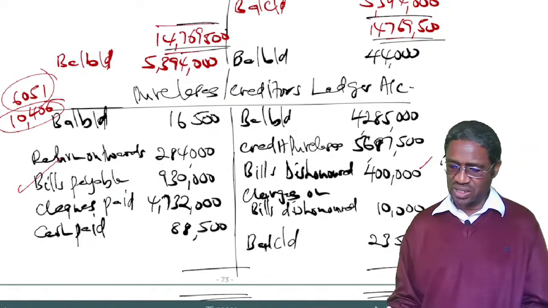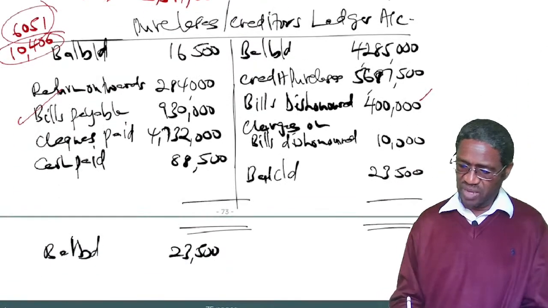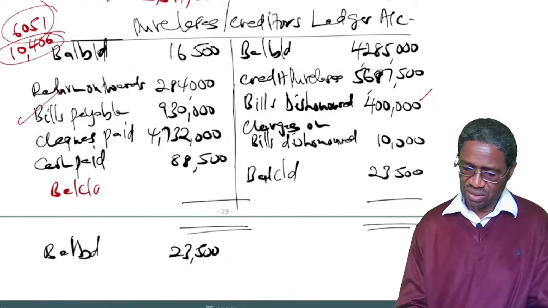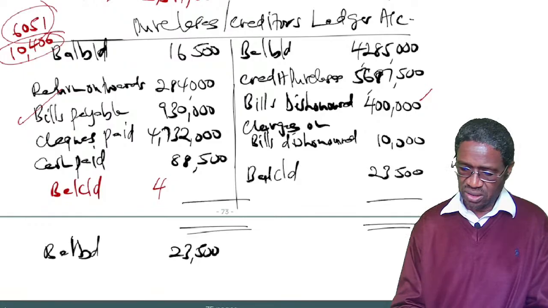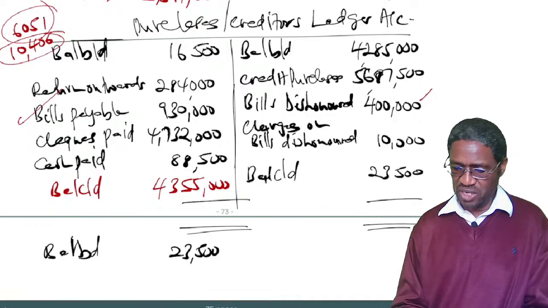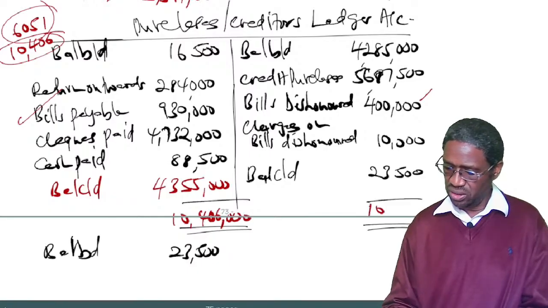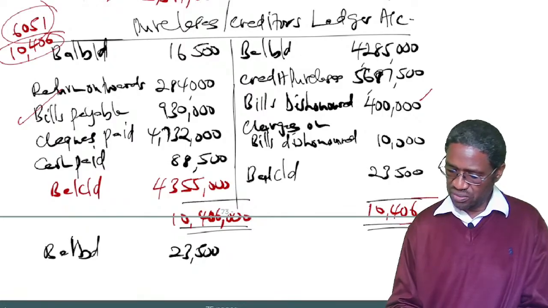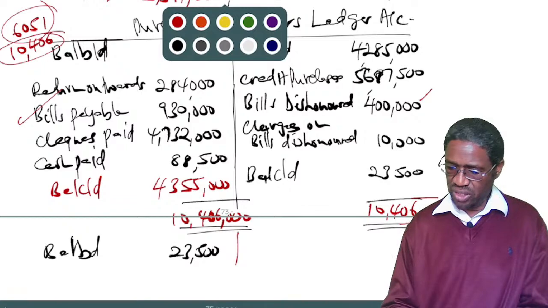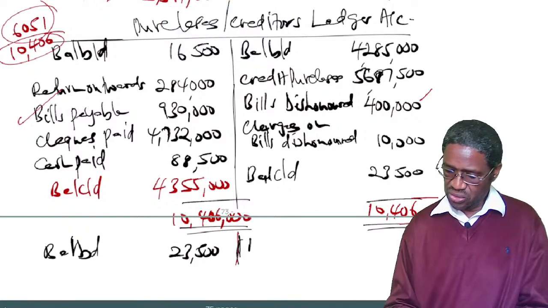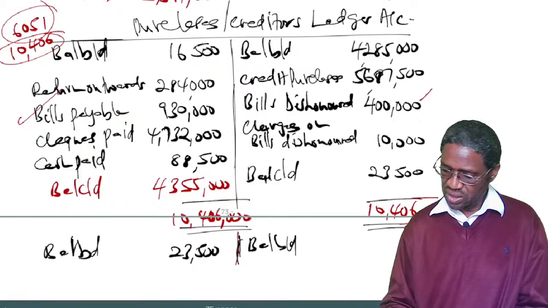I'm getting a balance carried down of 4,355,000. This gives me a total of 10,406,000. Then I bring it down. I bring down the balance, which is balance brought down. That is 4,355,000.